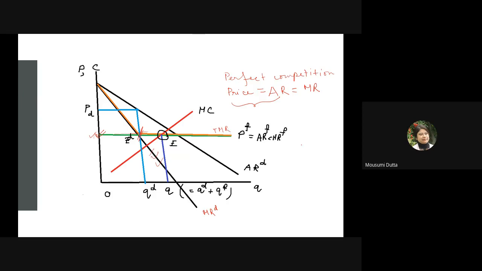Next, we have the marginal cost curve, which is a function of total output, QF plus QD, because the source of production is the same.